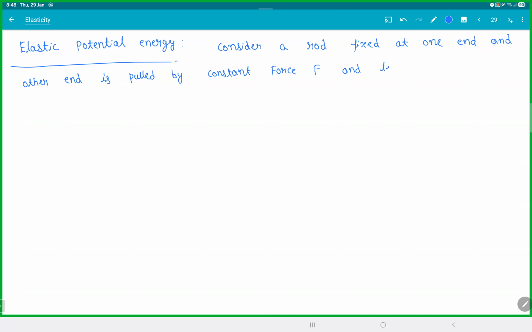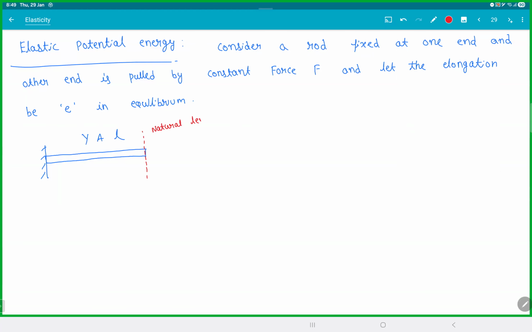And let the elongation be E in equilibrium. So we have a rod, you're fixing the left end. Y is the Young's modulus, area A, length L. And initially, this is your natural length. Now you started applying force F.